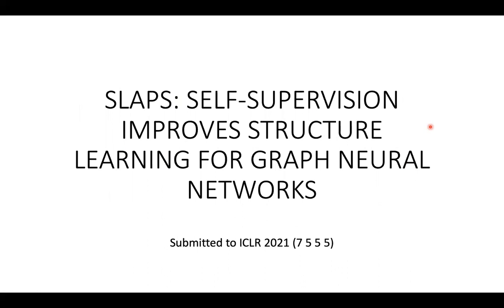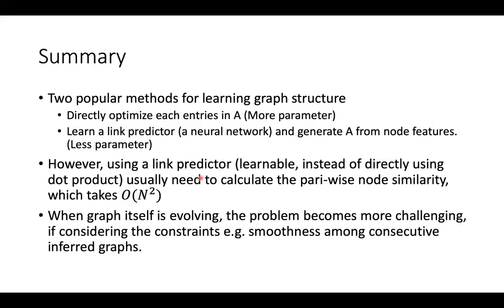This one is Self-supervision Improves Structure Learning for Graph Neural Networks. Overall, this model tackles the problem where it uses some KNN-based method to do the first grouping of the nodes, to save the computation time of this O(n) square times O(n) square.